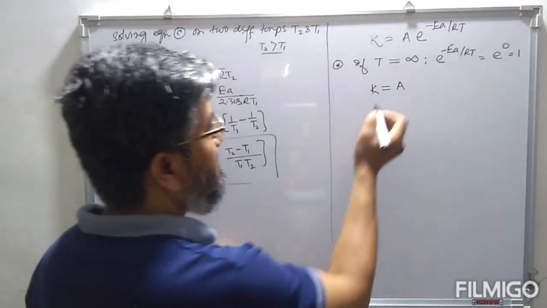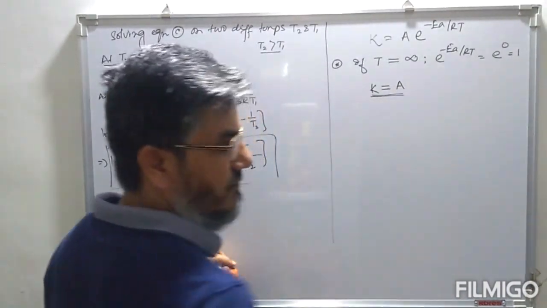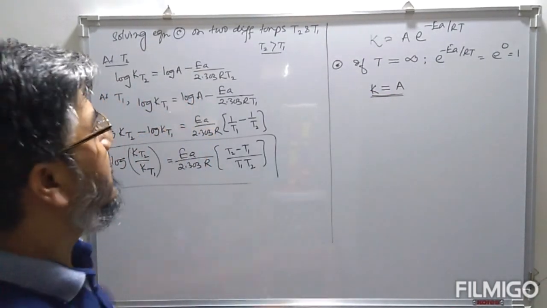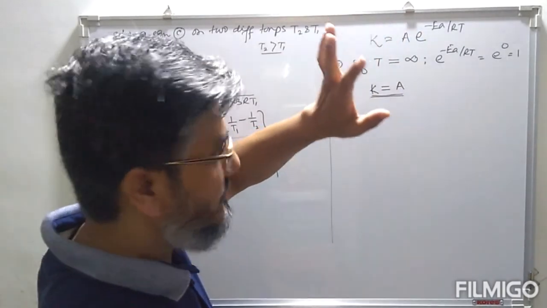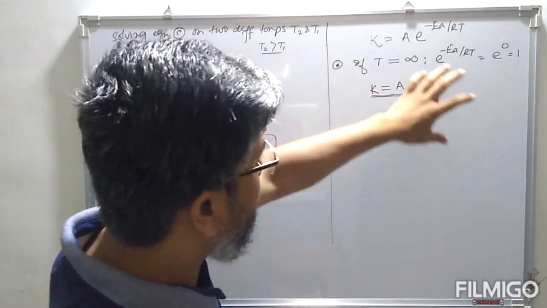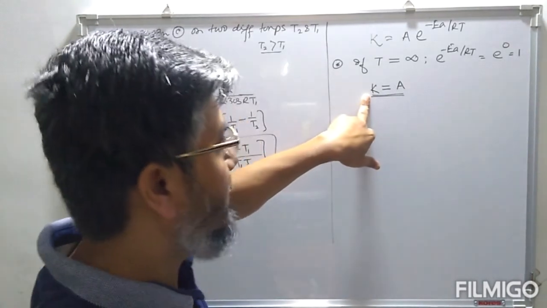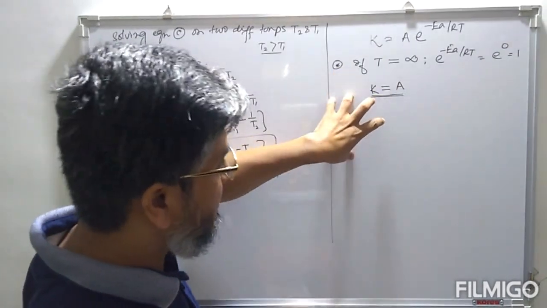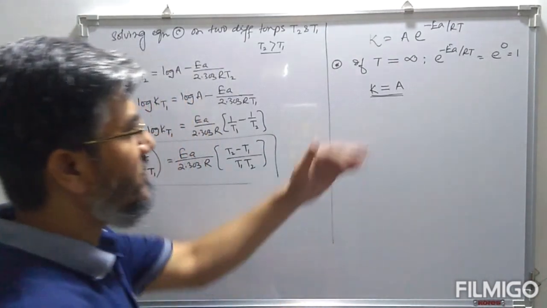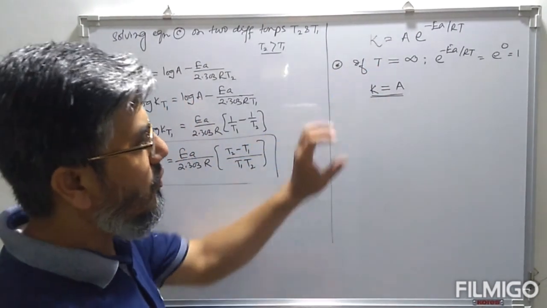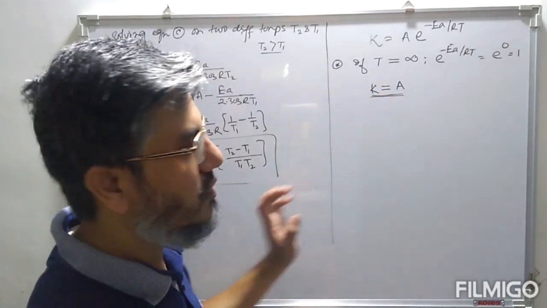Now let's see whether this is feasible or not. Physically, this value is not feasible. Now look at this. k is defined as the frequency factor. That means every collision is leading to product formation, which is not feasible at all. During the course of a reaction there must be collisions between the reactant molecules, but not all collisions will lead to product formation.